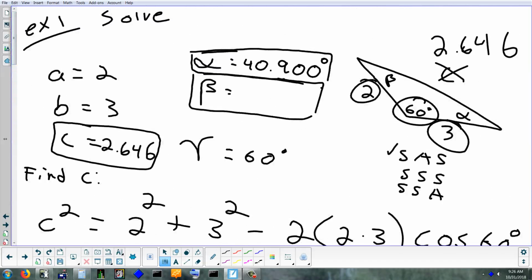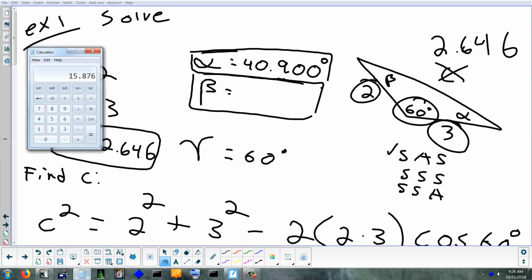Now at this point, we have 2 out of 3 of the angles, so I can just add them up and subtract from 180. Again, this is the kind of problem where if you made a mistake, the mistake is going to affect a lot of stuff. If you get C wrong, then we're going to get alpha wrong, which means we're going to get beta wrong. So just try to be careful as you go through it.